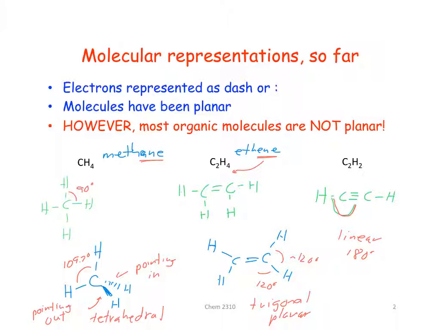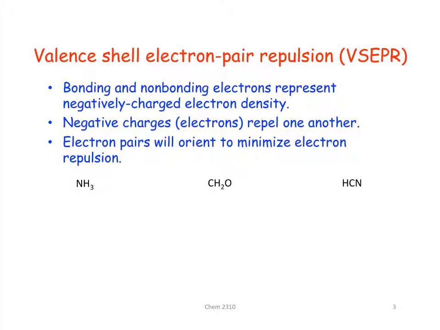So this statement of why this is, the repulsion of the bonding electrons, letting them get as far apart as possible, is a statement of valence shell electron pair repulsion theory, or VSEPR theory. Here I've restated it: bonding and non-bonding electrons represent negatively charged electron density.